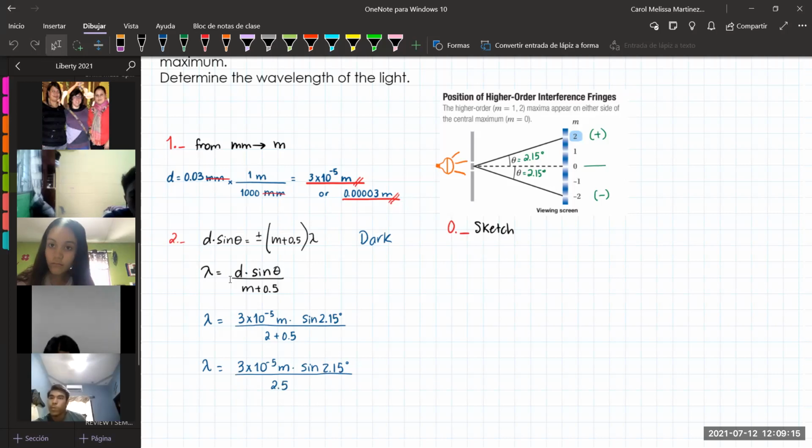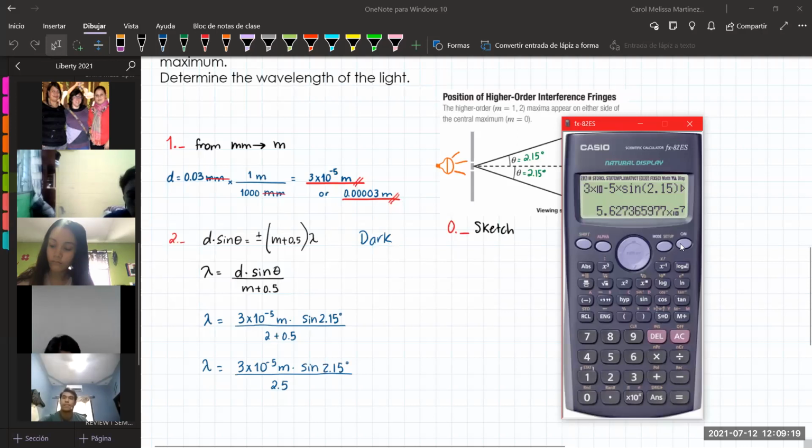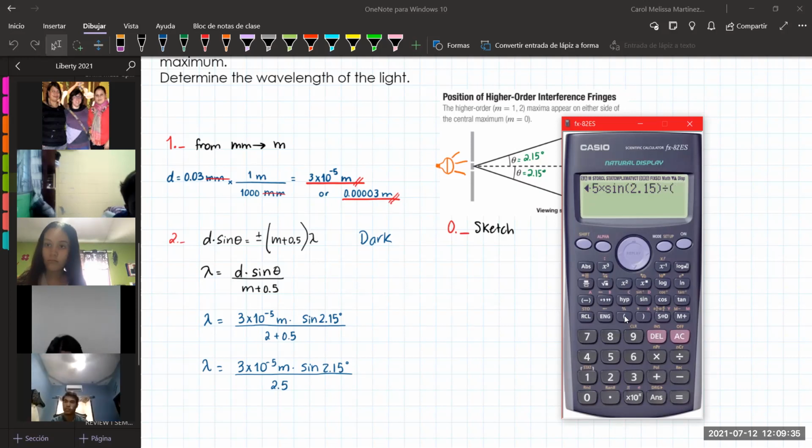And we perform this procedure in the calculator. All you're going to do is the following. Follow me here, please. We say 3 exponential negative 5 multiplied times sine of 2.15, divided by, I open parentheses and I do this, 2 plus 0.5, close parentheses, equal.